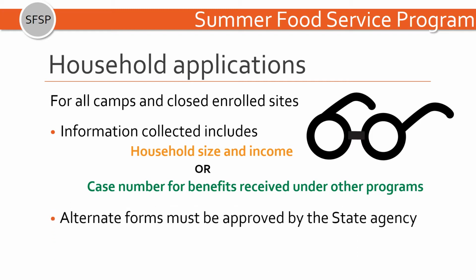Any alternate forms developed by sponsors must request the same information as is found on the USDA prototype household application forms and must be approved by the state agency before use. Eligibility based on household applications is valid for 12 months. Families must reapply, and sponsors must redetermine income eligibility annually.